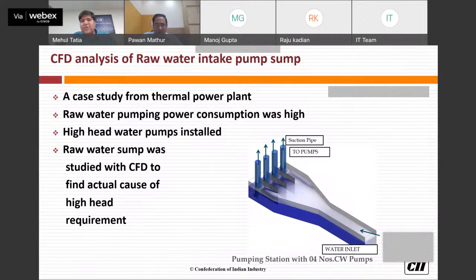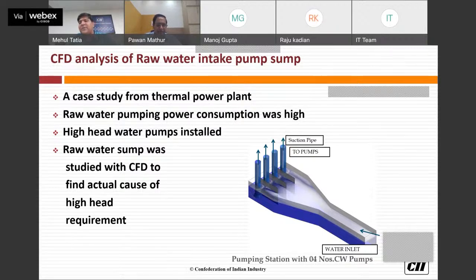Pawan Mathur sir was talking about CFD analysis. The plants can definitely take CFD analysis. I mean, this is a case study I'm taking specifically because we all know about CFD in combustion systems, but CFD can also be worked upon in your cooling water pumping systems.